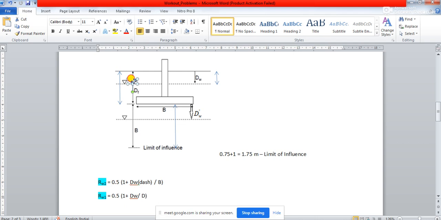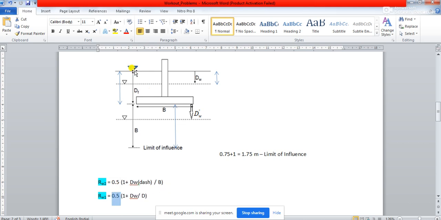Then if the water table further increases and reaches the ground level, what will happen? This dw will become equal to 0. If dw is equal to 0, your Rw1 will become equal to 0.5.